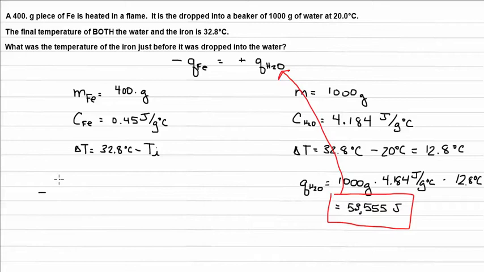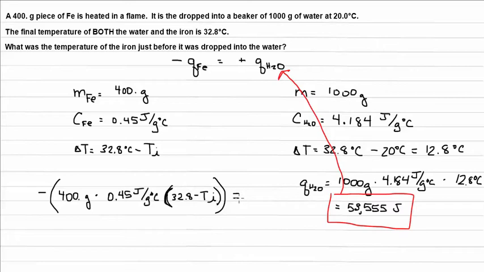So negative MC delta T for the iron equals 53,555 joules. That negative sign is super important. The energy lost by the iron is the energy gained by the water.